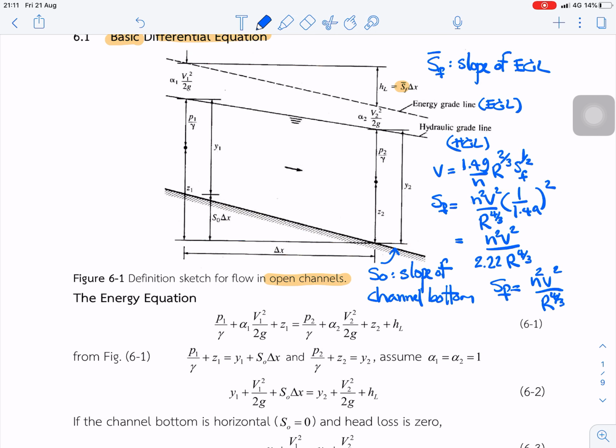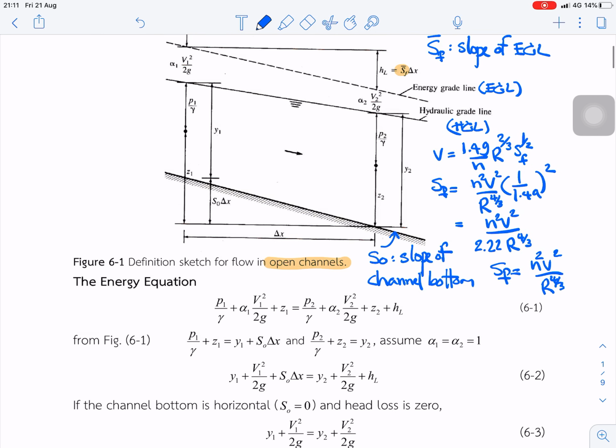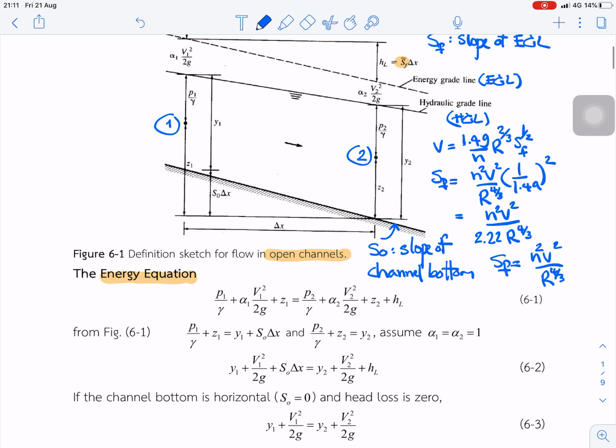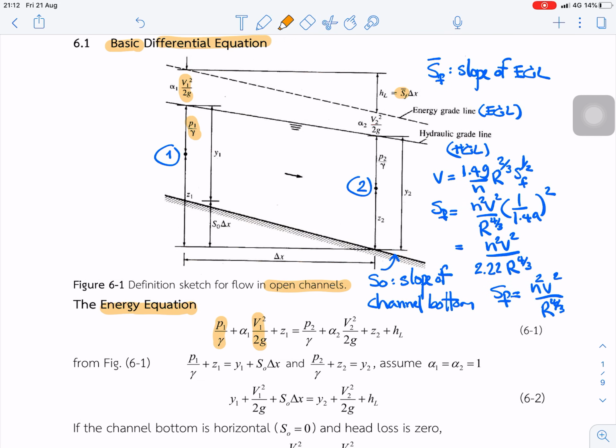Okay, and next, if we want to write the energy equation, at this point it's point 1, and this is point 2. So at point 1 there is the pressure term, plus the velocity head, and plus the static head Z1.